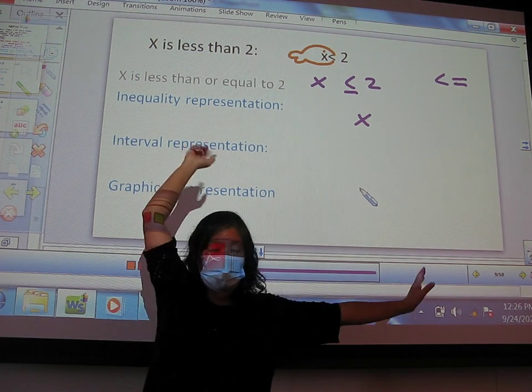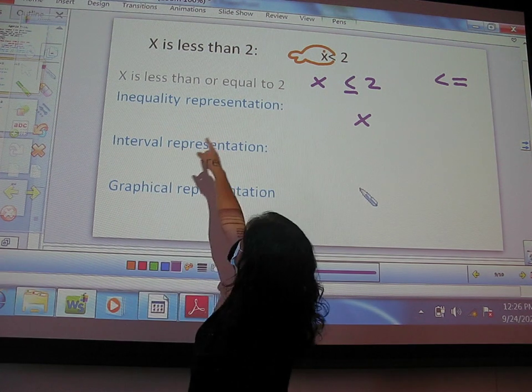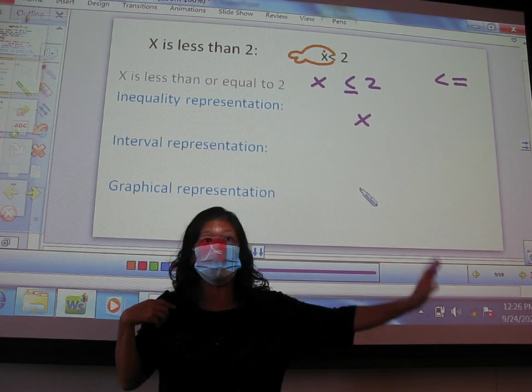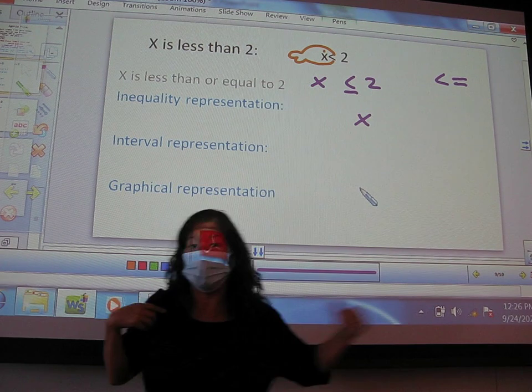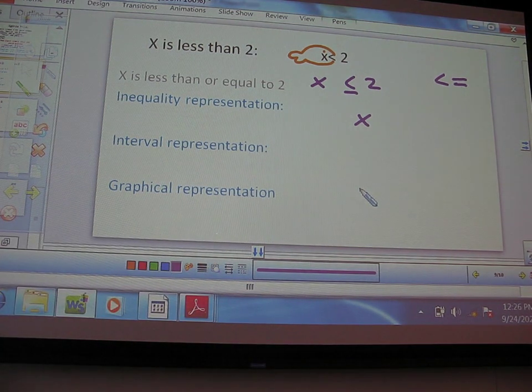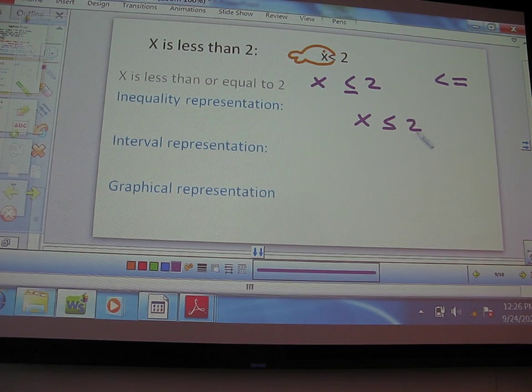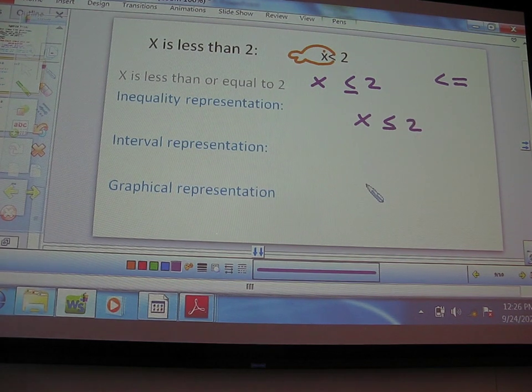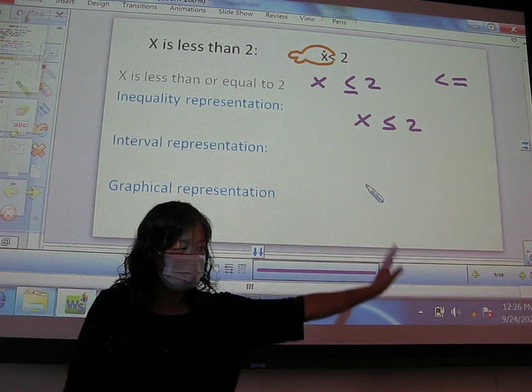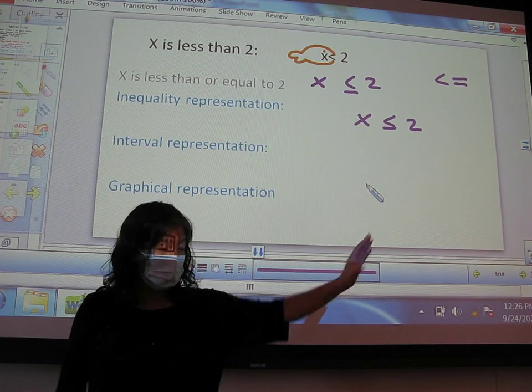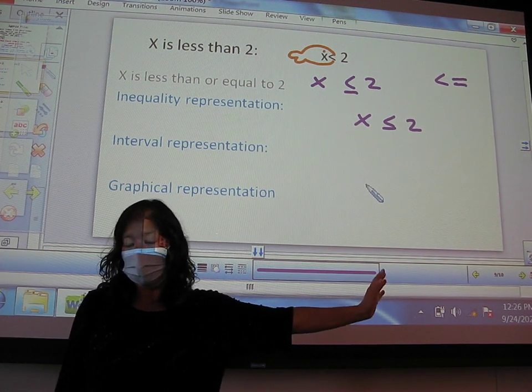Does everyone understand that? That's what we're writing. We're writing X is less than or equal to 2. So I'm less than 2 or maybe equal to it. So I would write it like this. I am less than or equal to 2. What's on the other side of me? So here's 2. I'm here. I'm less than 2 or maybe equal to 2.